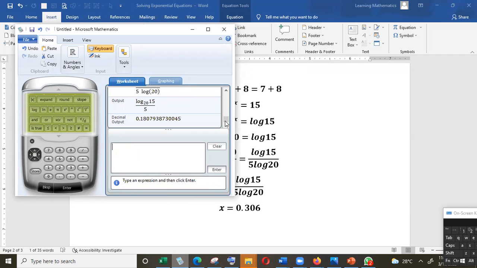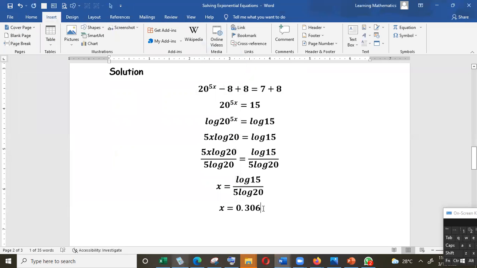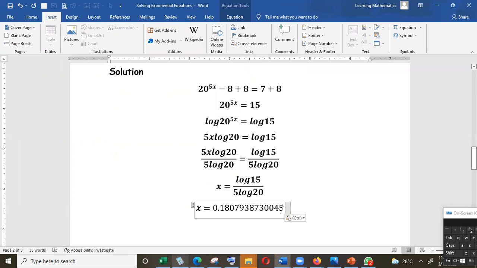It appears that typing log in this calculator is null and void. It's a good thing that I tested the solution. So it appears that the solution is 0.181. Let us just prove the answer now.